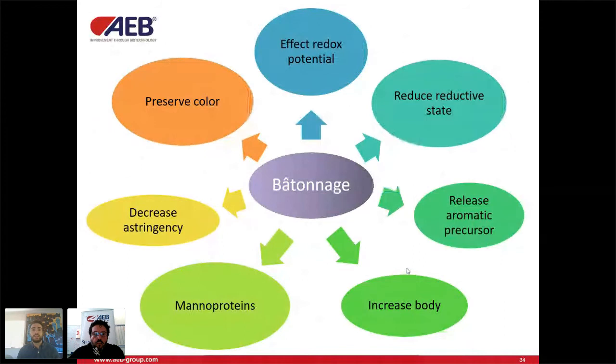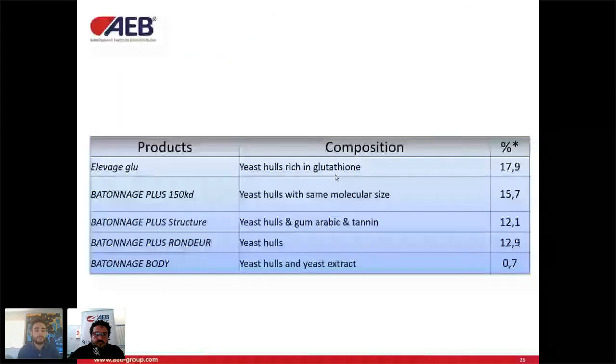And in fact, different batonnage products can be aimed at different results that could be maintaining the redox potential and protecting from oxygen, or increasing the body and decreasing the astringency, and also helping you preserve the color. The IB range of batonnage products is wide.